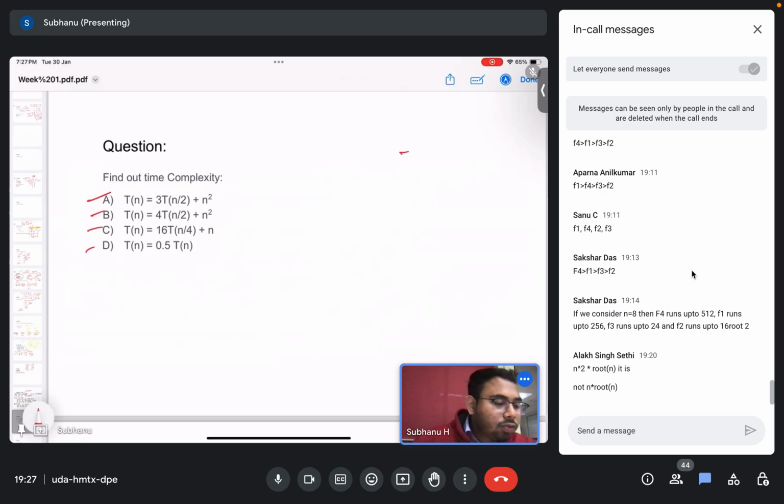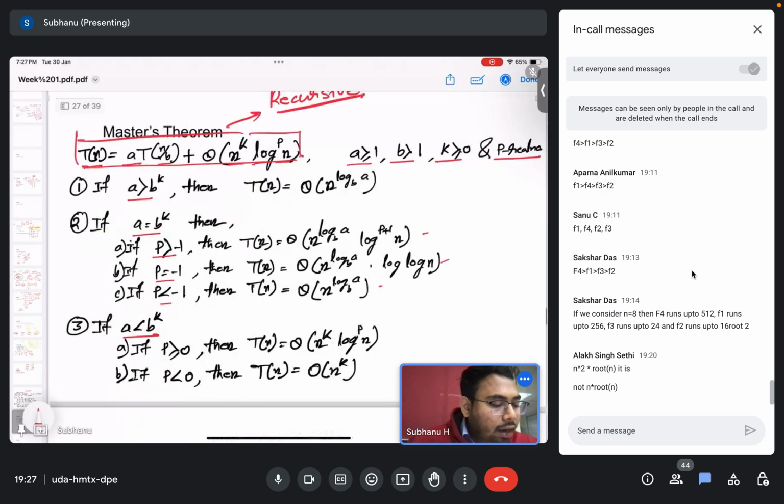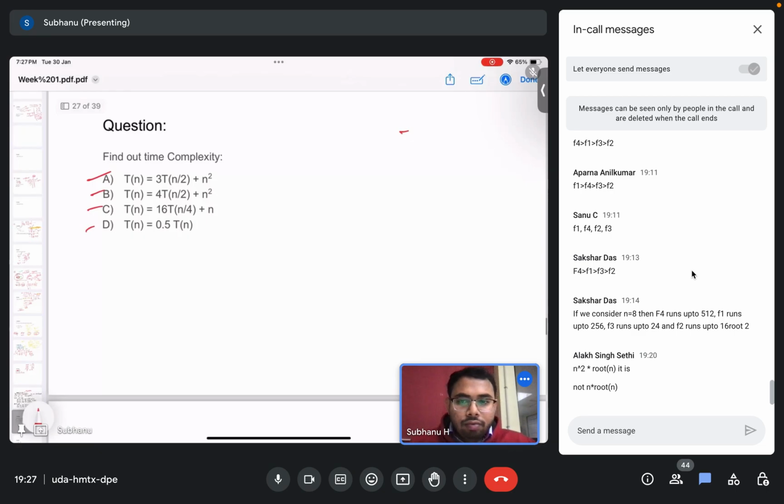So you have to use this theorem and find out the answer. You have to start basically by matching the terms. First, our problem is Tn is equal to 3T n by 2 plus n square.